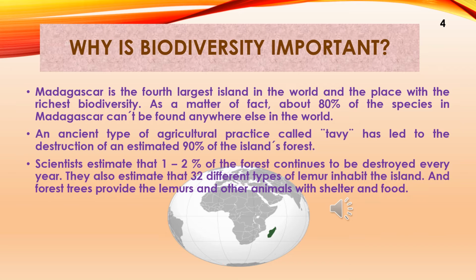Now, it's an island, and it is the 4th largest island in the world and the place with the richest biodiversity. That's why Madagascar is important, because it is the place with the richest biodiversity.